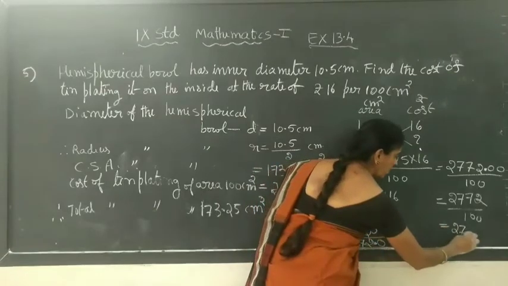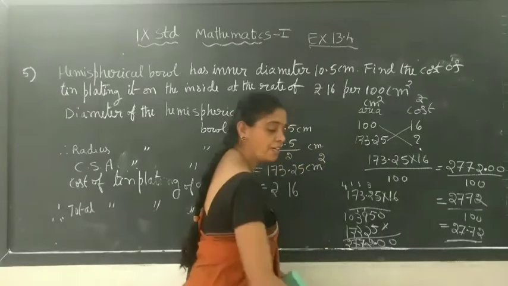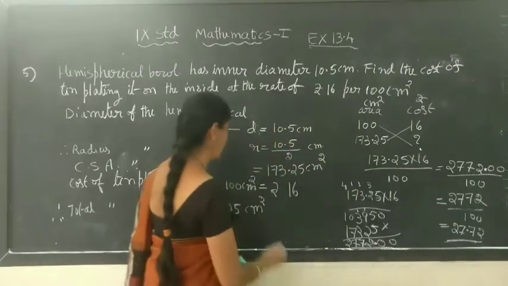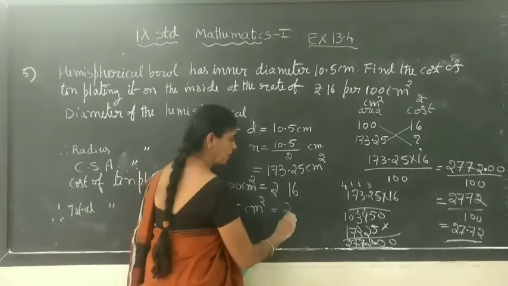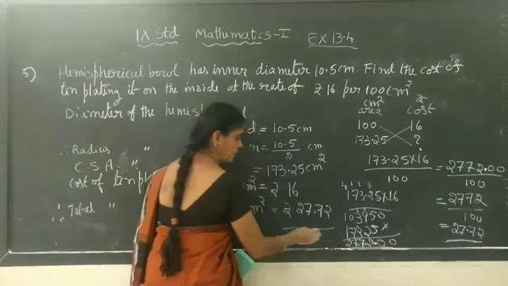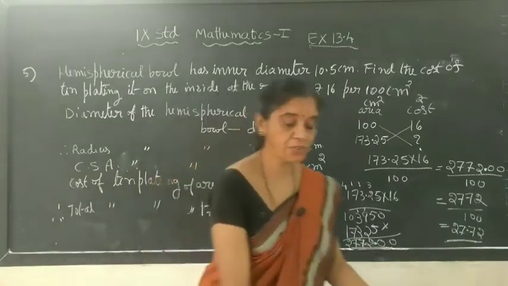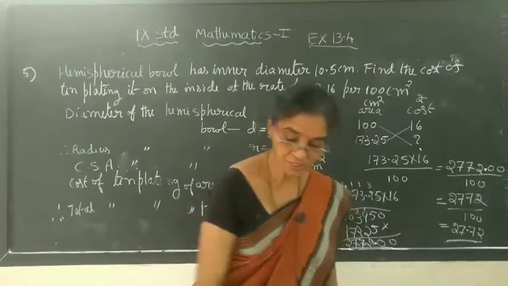It is 27.72 if you divide by 100. So the last answer is 27.72 rupees. This much they have to spend. Okay. Understood, children?